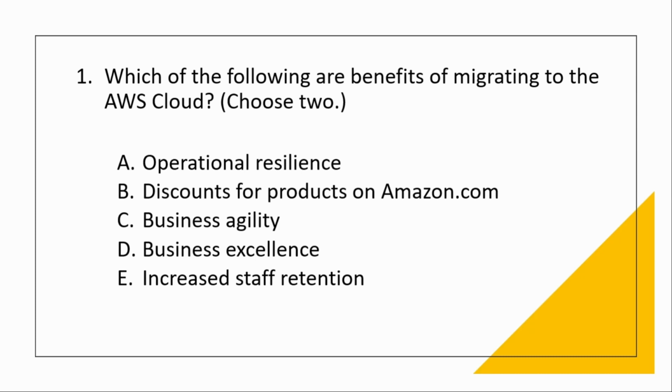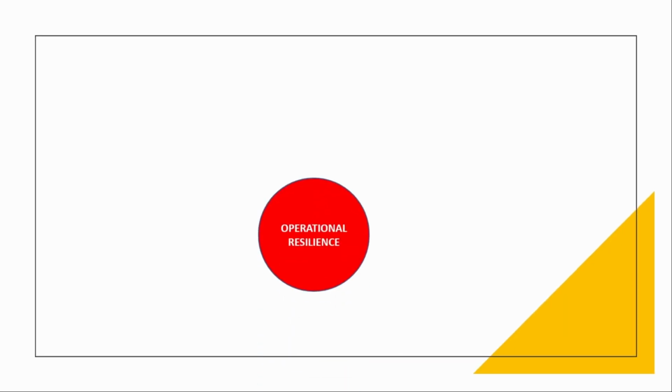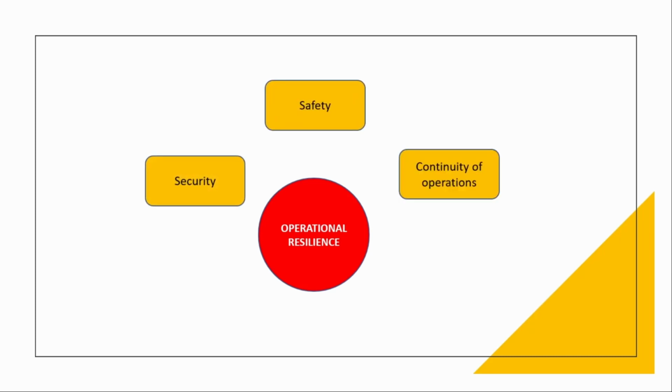Okay. Now, coming to operational resilience, what do you mean by this term? Let's see this term first. Operational resilience means giving you security, safety, and continuity of operations. So what happens is, due to some disaster or whatsoever, AWS has such mechanisms through which your business can even run in disaster problems.